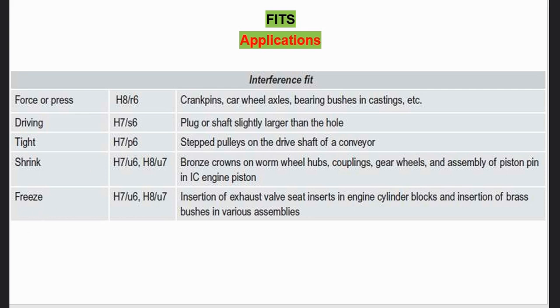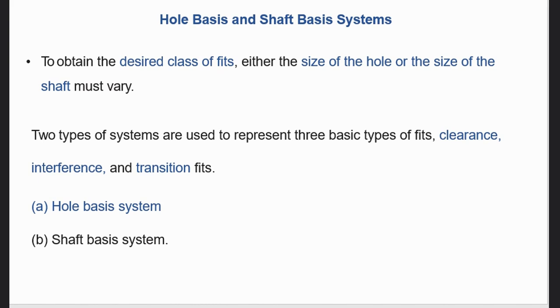Just a hint: what is hole basis system and shaft basis system? In hole basis system, you keep the hole size constant and keep varying your shaft size in order to do the assembly.